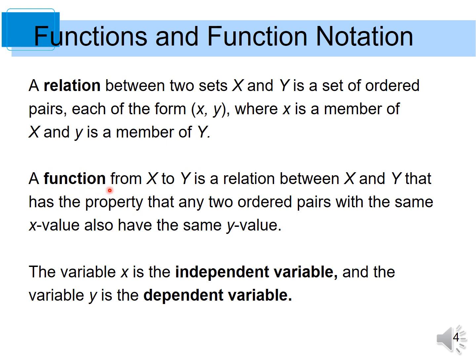A function from Bx to By is a relation between Bx and By that has the property that any two ordered pairs with the same x value also have the same y value. The x variable is the independent variable and the y variable is the dependent variable.